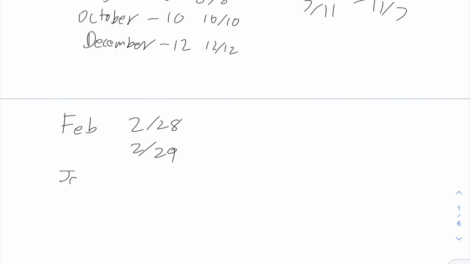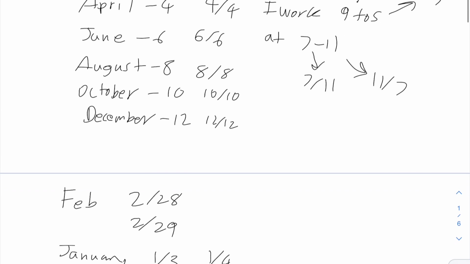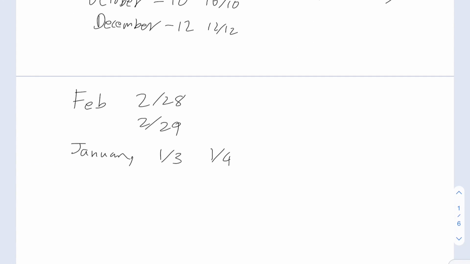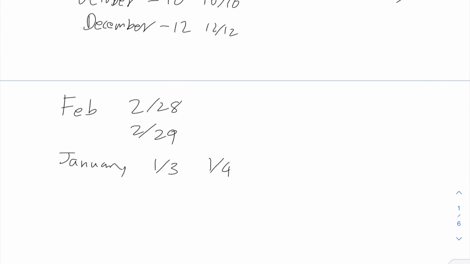For January, we have to remember January 3rd for non-leap year Doomsdays, and January 4th for leap year Doomsdays. So it's actually not really hard to memorize. You have 5 of the months here, you have another 4 of the months here, and then you have the other additional 2 months here.